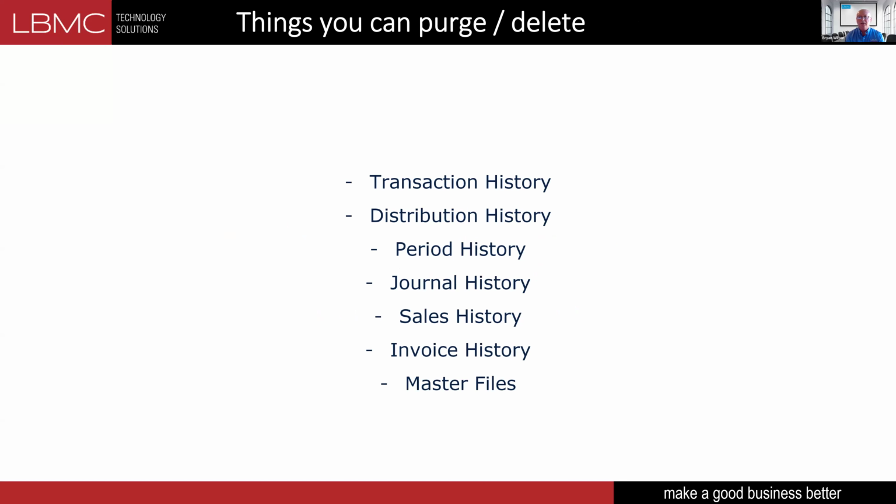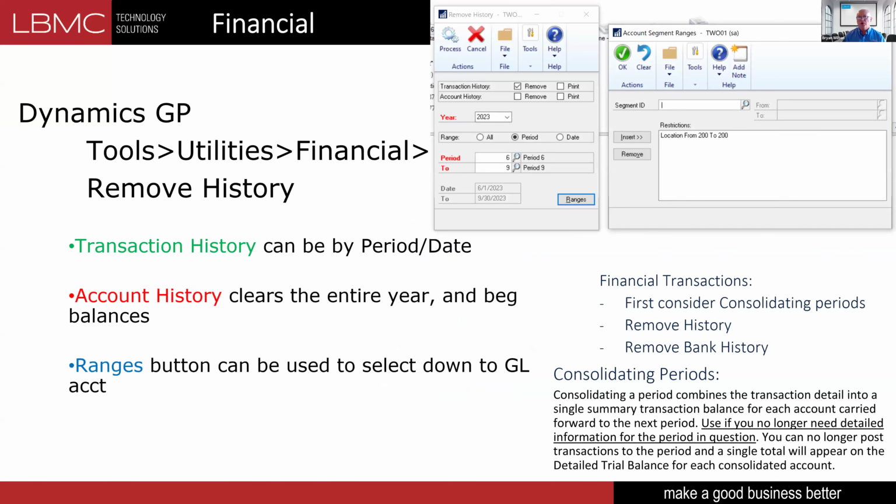The period histories, the journal entry itself, sales history, which here is meant to be sales order processing, and accounts receivable. Then invoice history is if you're using the invoicing module and not sales order processing. Most people don't use that, but some do, and we'll talk about those specifically. And then your master files, so customers, vendors, items, and so forth.